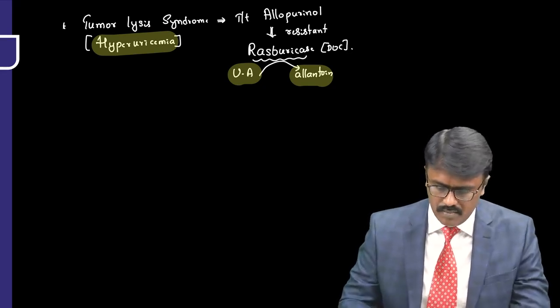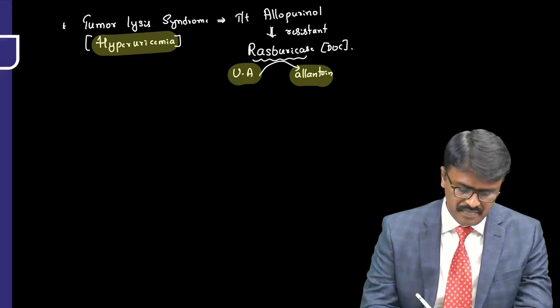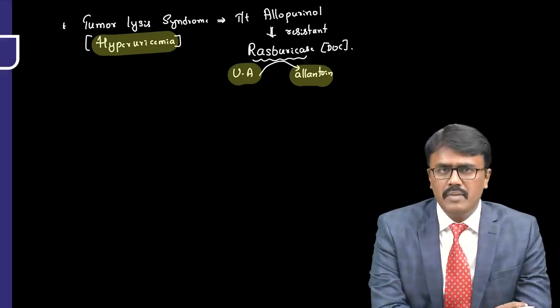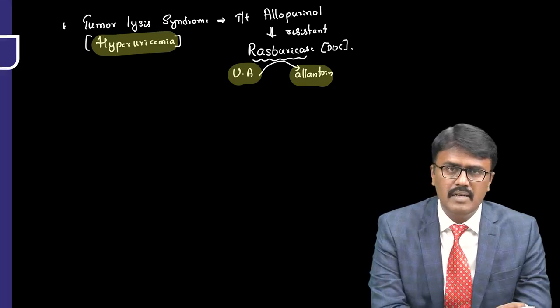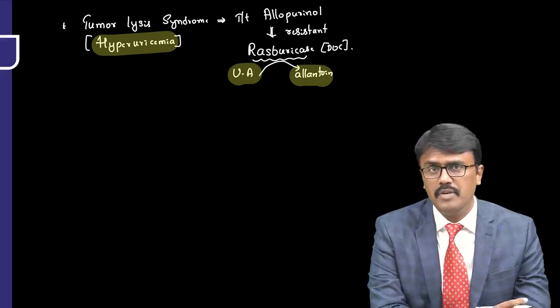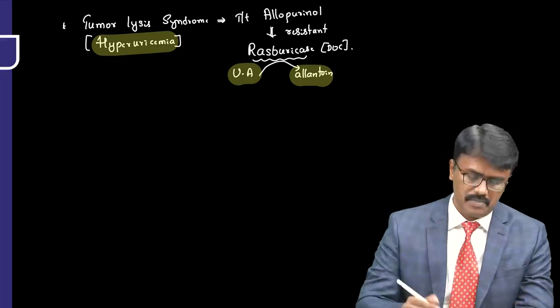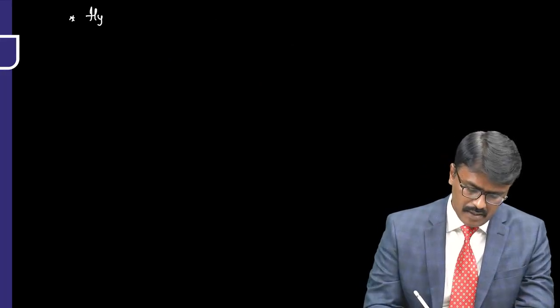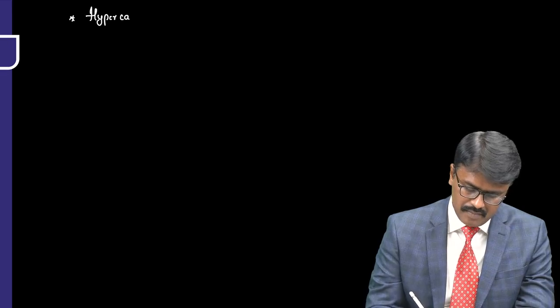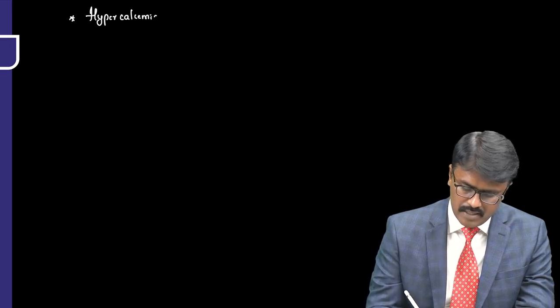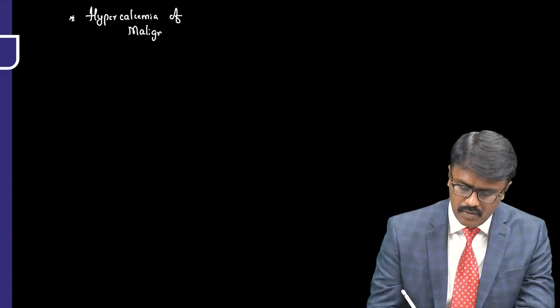So we understood tumor lysis syndrome. Now one more complication, not because of the drug. Sometimes in malignancy, there is something called hypercalcemia of malignancy. Suddenly the calcium shoots up. Now, how do you manage that? How do we bring the calcium down?